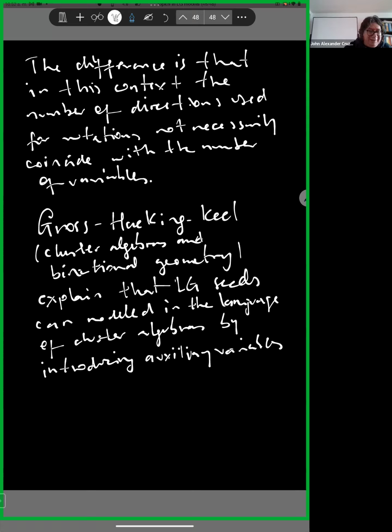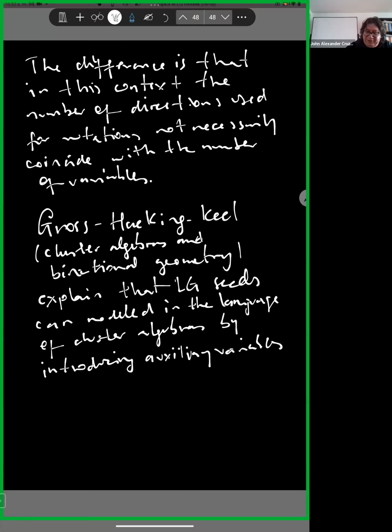And that will be interesting for studying the geometry behind the cluster algebras and also the cluster algebra approach to mirror symmetry for del Pezzo surfaces.